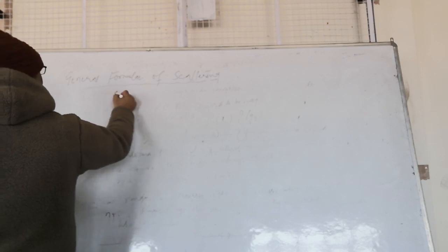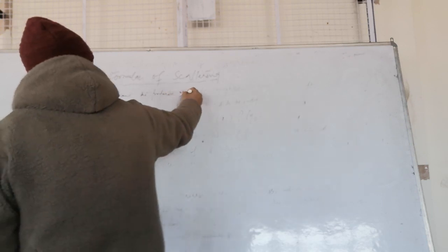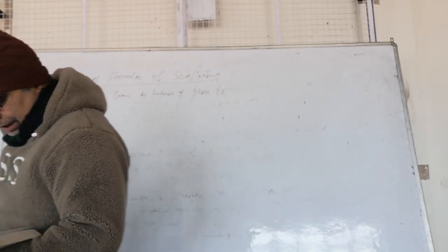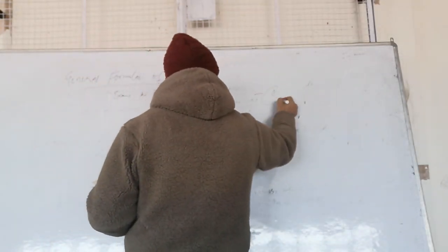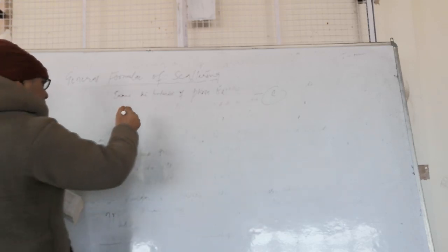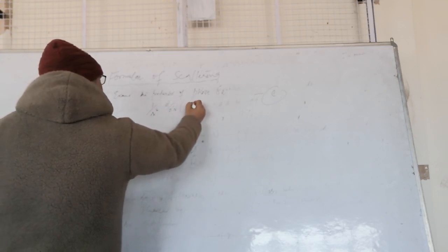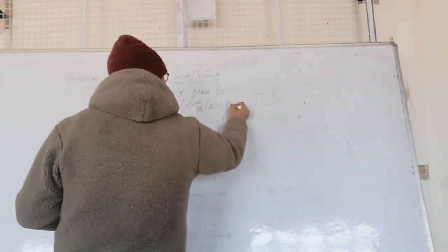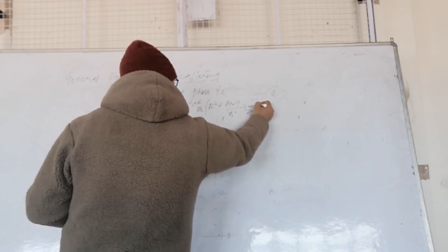We'll examine the properties of the phase delta L for large values of L. L is what we studied yesterday, if you remember: the solution of the Schrödinger equation, d squared u by dr squared plus k squared minus L into L plus 1 by r squared minus 2m by h squared times u of r.